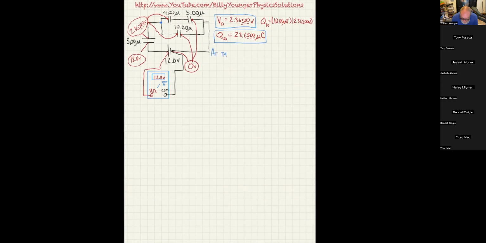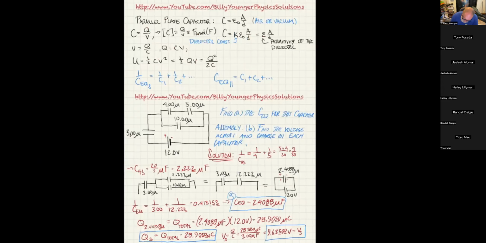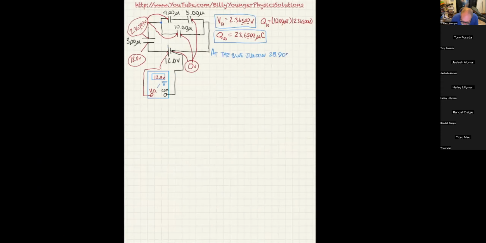So at the blue junction, what was it, 28.9050 microcoulombs entered from the left, and 23.6500 microcoulombs left the junction through the lower wire.